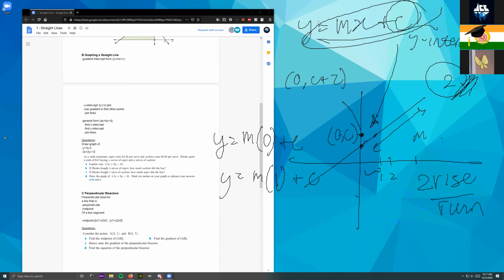From these two answers, you get the first coordinate, which is 0 and c, and the second coordinate, which is 1 and m plus c. And with these two coordinates, you just need to make a line out of it, and that's how you find the straight line of the graph.